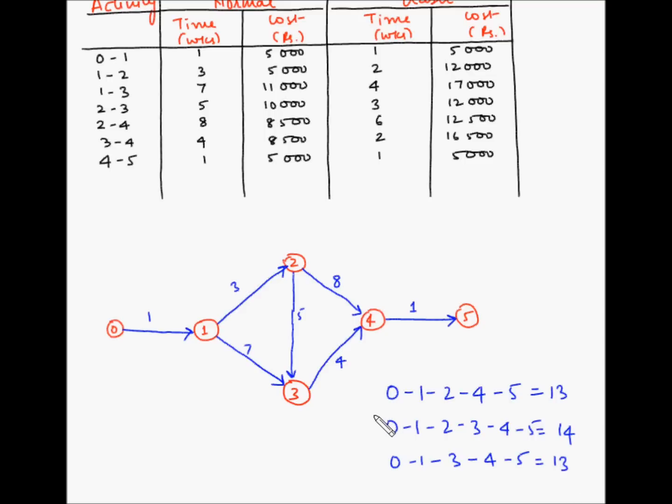So from this analysis, we see that path 0 1 2 3 4 5 is the critical path because the duration is the longest, which is 14 weeks. So let's identify this path.